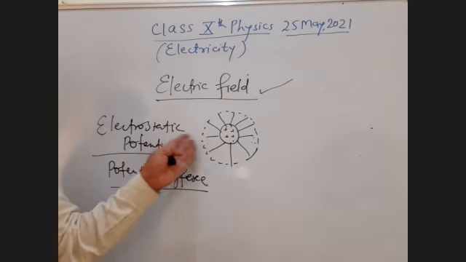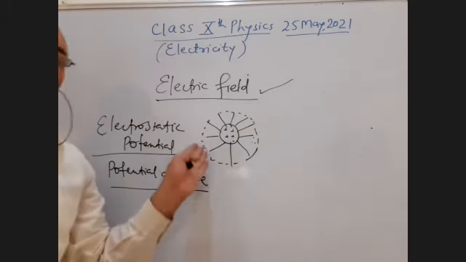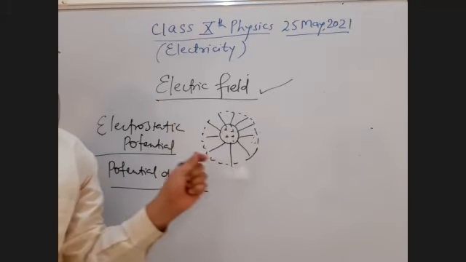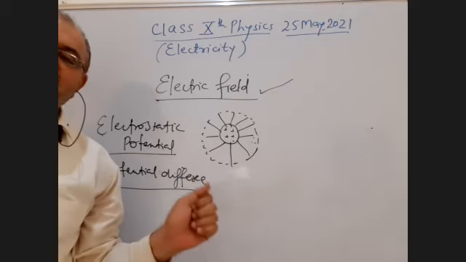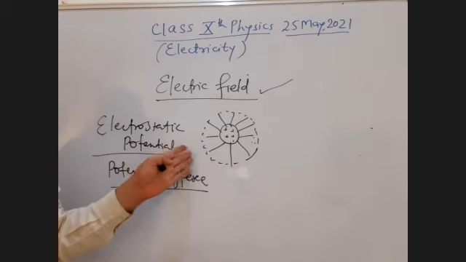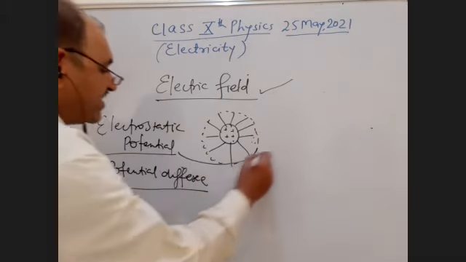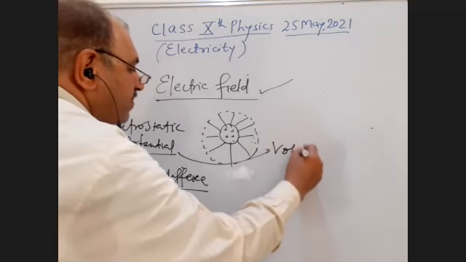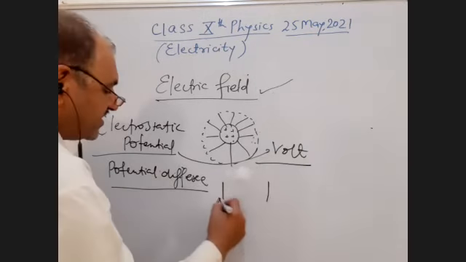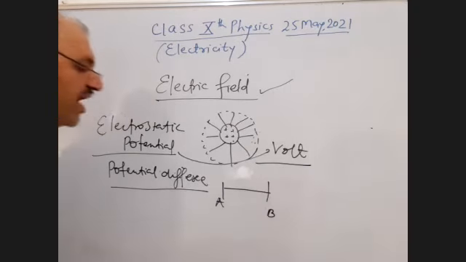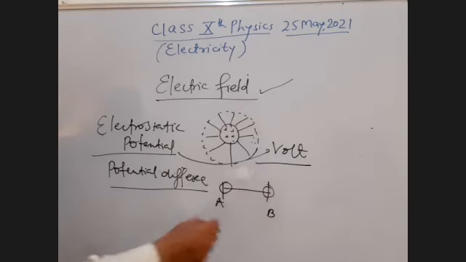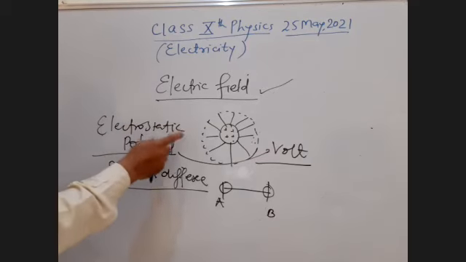Both are in the electric field, so electric field is a must. The amount of work done in bringing a unit positive charge from infinity to that point is called electric potential, and the SI unit of electric potential is the volt. But potential difference is between two points, say point A and point B. The amount of work done in bringing the positive charge from one point to another point is called potential difference. Only this difference is there.